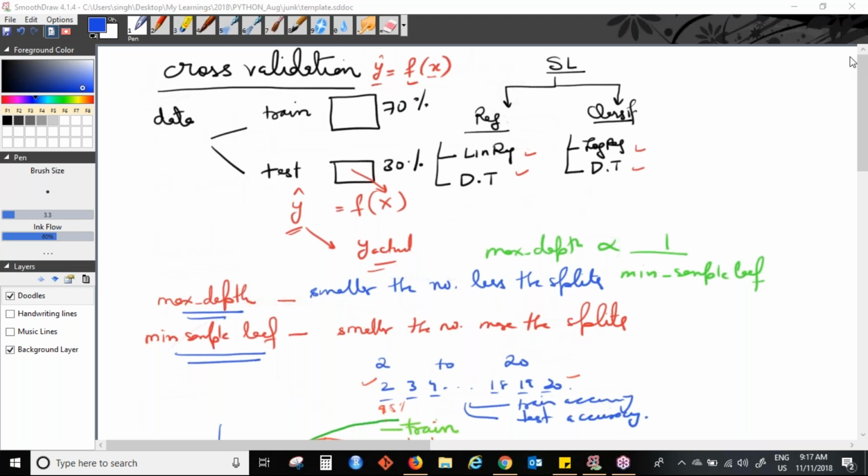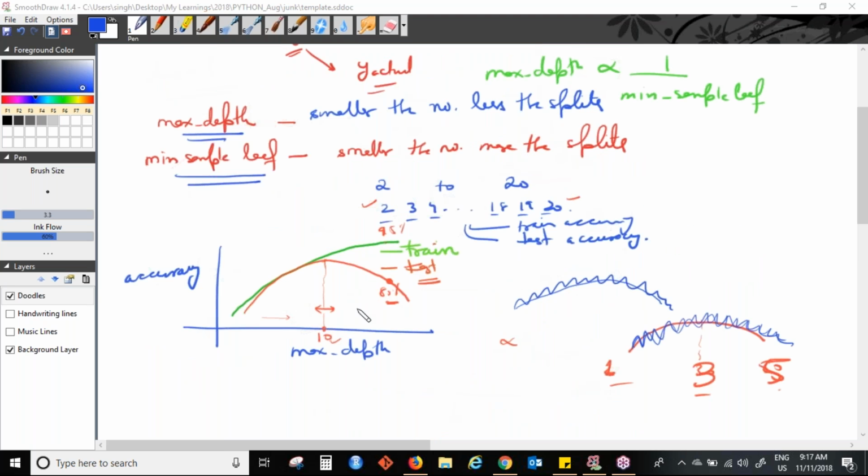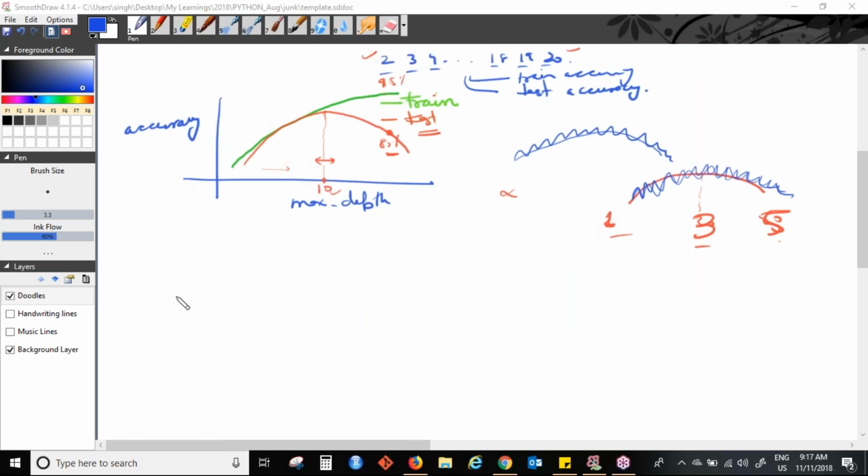Okay, I'll tell you what the issue is. Now what are we doing here? One basic concept which I told you at the very beginning, when we learned about splitting the data into train and test: test is like your actual exam, right, guys?